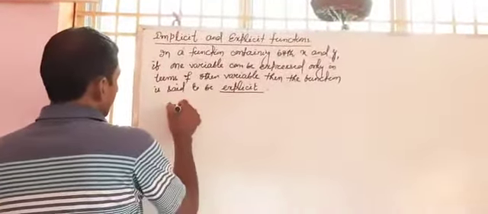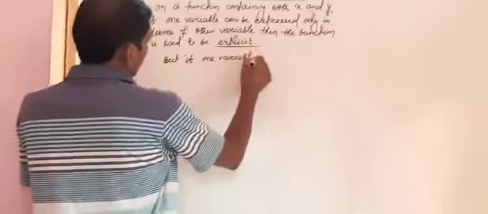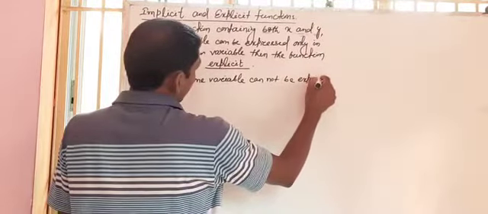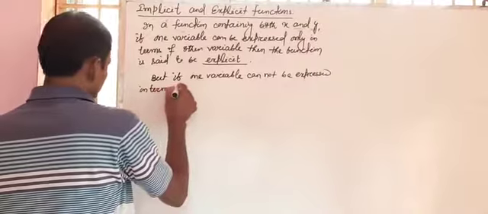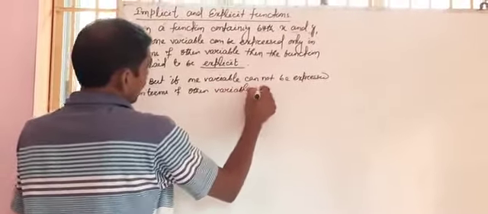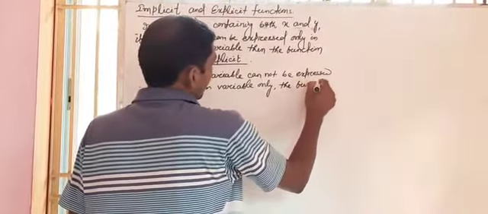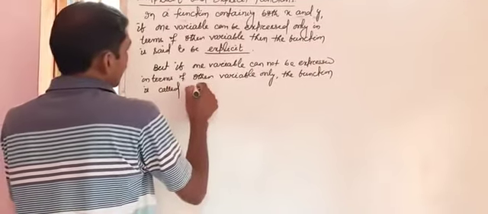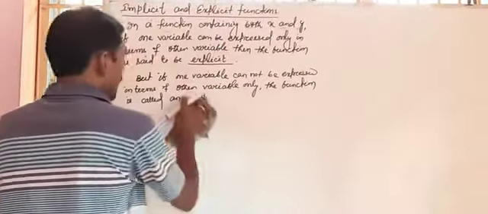But if one variable cannot be expressed in terms of the other variable only, the function is called an implicit function.